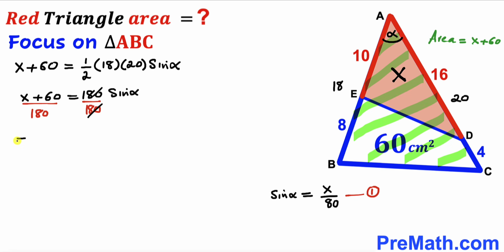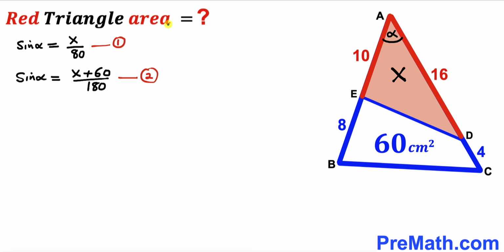Therefore, sine of angle alpha is equal to X plus 60 divided by 180. I'm going to label this as equation number 2. Thus we end up with a system of two equations, equation 1 and equation 2.